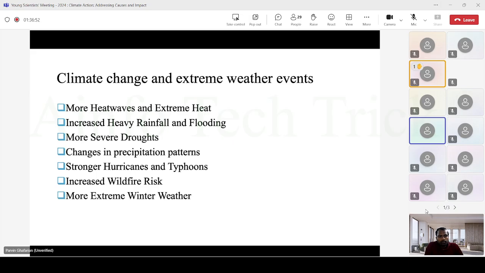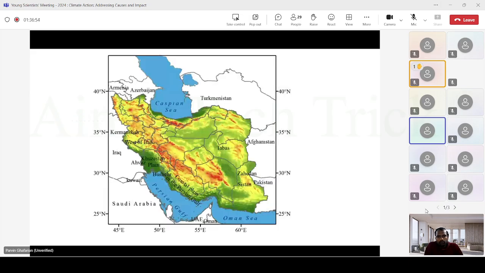Let's get back to our discussion about the impact of climate change on Iran's weather. Iran has a diverse climate with many different regions, including arid and semi-arid areas, subtropical regions, and mountain regions. Here you can see the Alborz mountain and Zagros mountain.